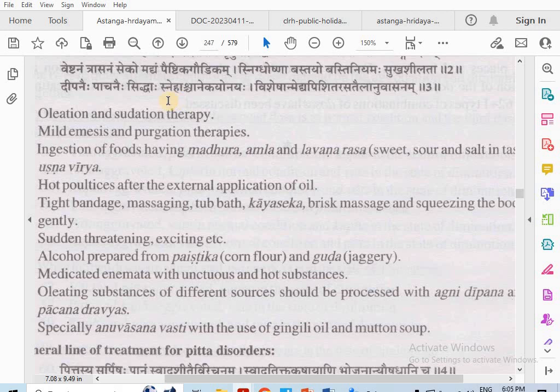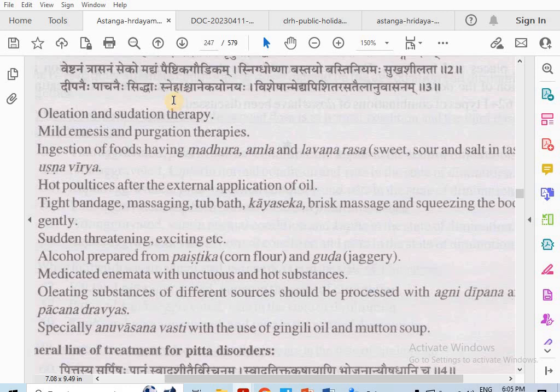First we'll read this one. Snehascha anekayonayah. If you disjoin these words: sneha plus cha plus anekayonayah. The first word is sneha. Sneha is unctuousness, unctuous food, right?